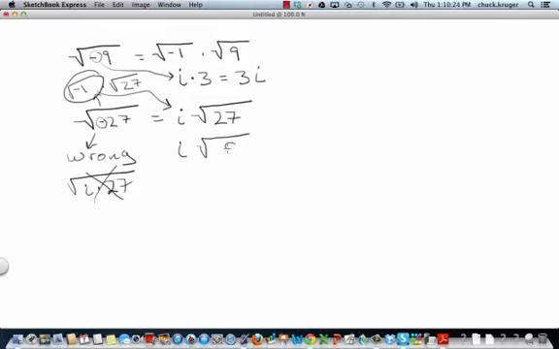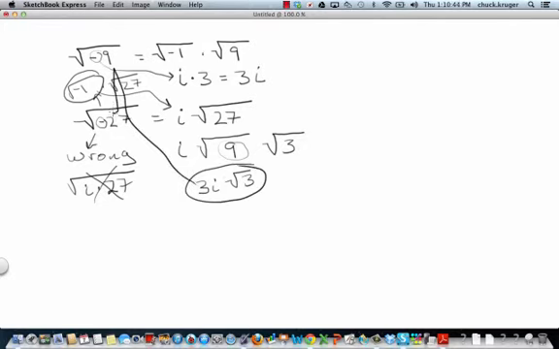So I can write this as the square root of 9 times the square root of 3. I look for that factor that's a perfect square, and the square root of 9 is 3. So I'm going to write 3i times the square root of 3. And that's what the square root of negative 27 is in simplest form.